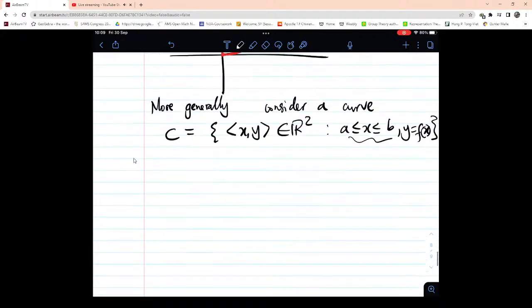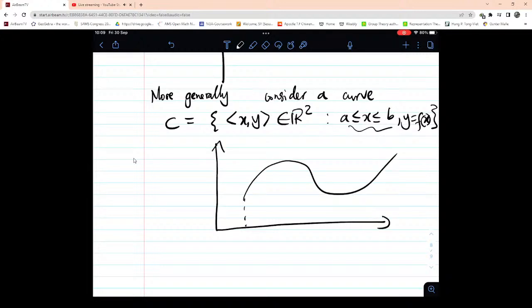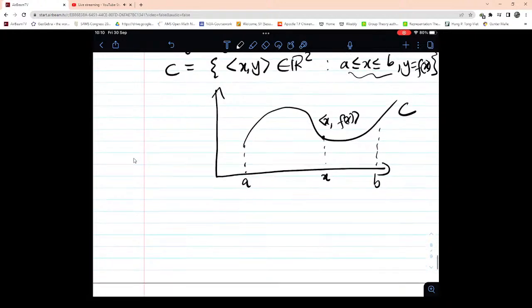So if we draw the curve, suppose it looks like this. We've got a there, we've got x, and then we've got b. This point would be (x, f of x), in vector form.